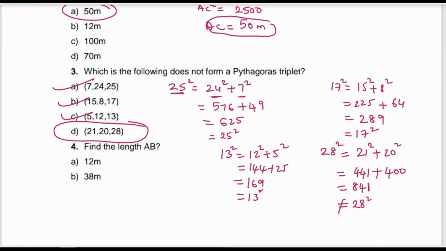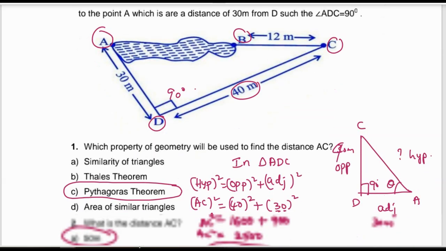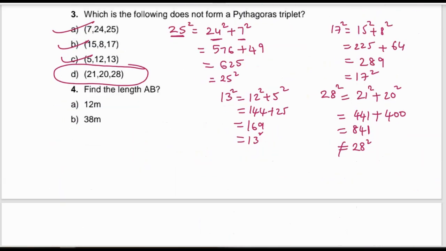Then moving on with the next question, we have to find the length of AB. So how do we find the length of AB?